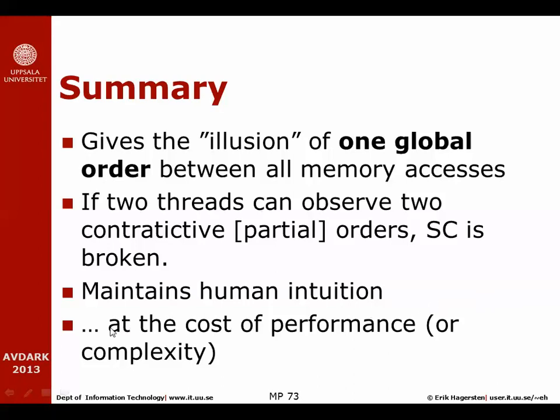But it comes at the cost of complexity, because sometimes we have to force serialization to happen, and that means we have to slow down some memory accesses that otherwise could have been sent out in the memory system. You can potentially get good performance with sequential consistency as well. That requires a very, very complex speculative implementation.